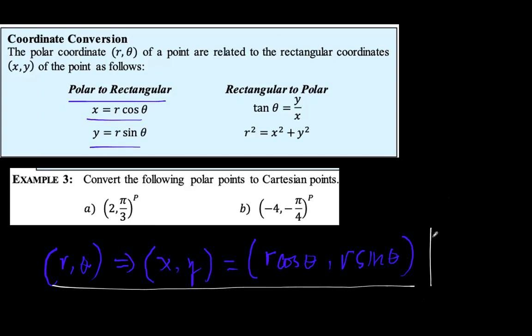And if we're going to convert rectangular form to polar form, then we are going to use tangent theta equals y over x, and of course the radius, square root of x squared plus y squared. How do we do that?